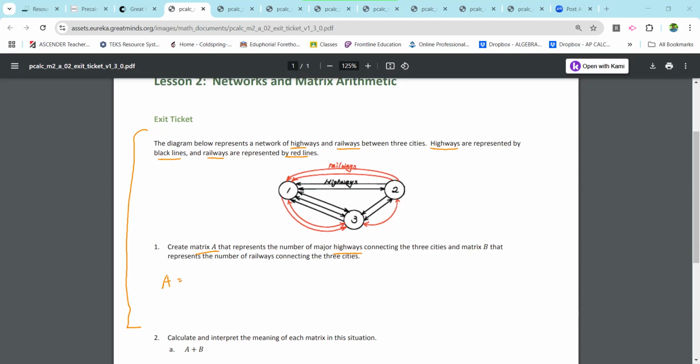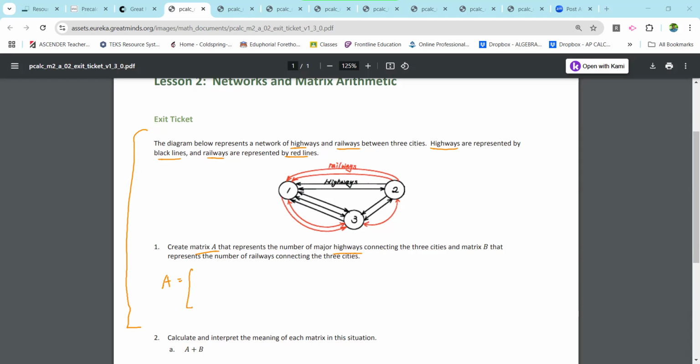Before I even begin to try to understand what kind of matrix I'm going to build, what size should my matrix be? And how do I know? A 3x3. And how do I know this? There are three cities. If there were four cities, I'd produce a 4x4, and so on. So yes, this would be a 3x3 matrix because there are three cities.